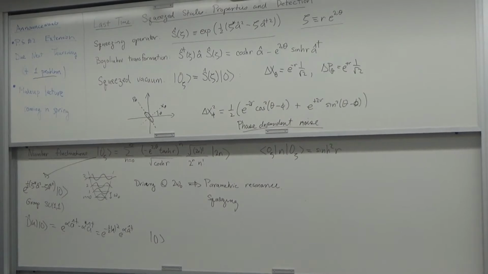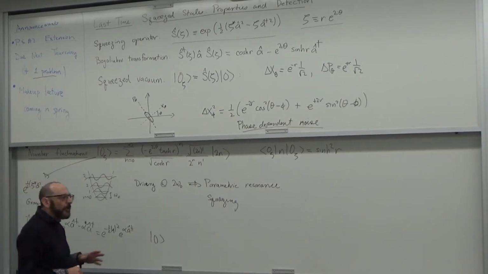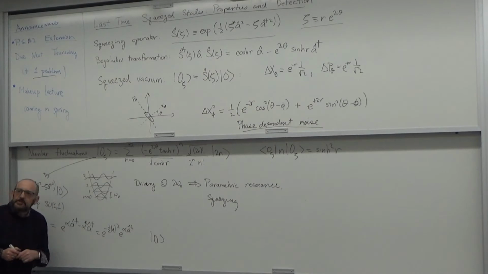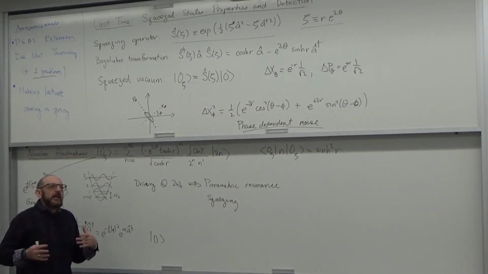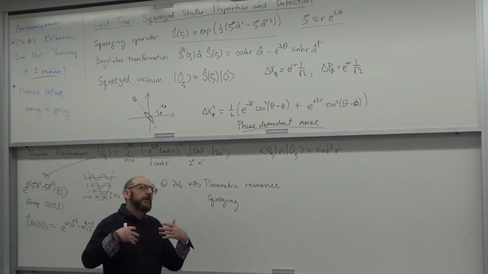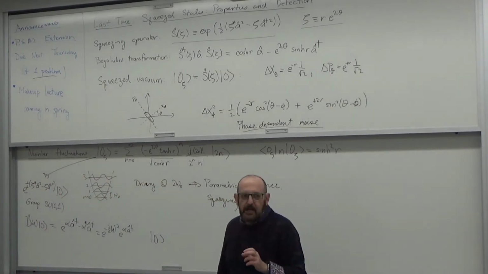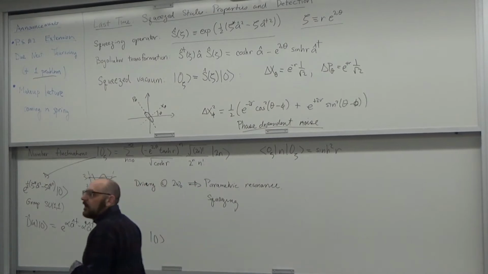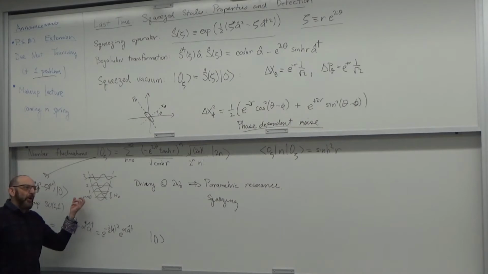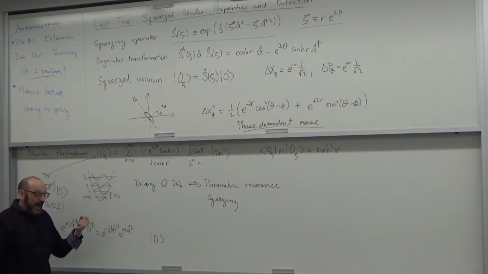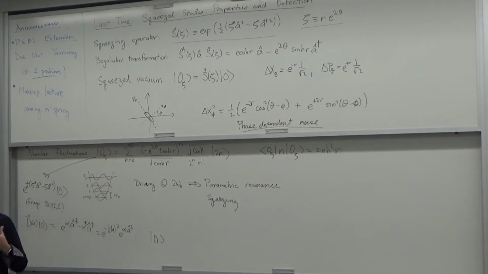And as you're studying in your homework, if you haven't already done so, and as we discussed last lecture, one of the ways we can think about where squeezing comes from, and we're going to start seeing this now in the optical context, is if we thought about this as a particle in a well, as a mechanical oscillator, one way we would drive a squeezed state is through parametric resonance.